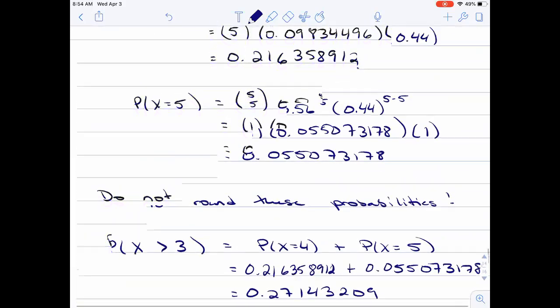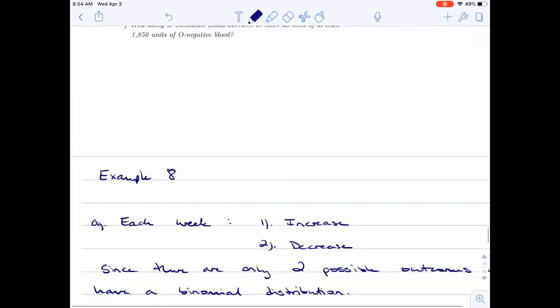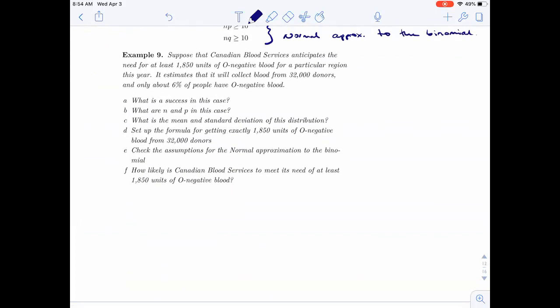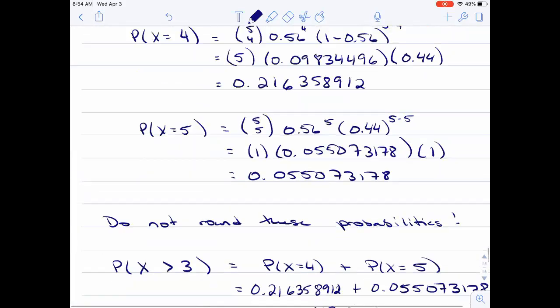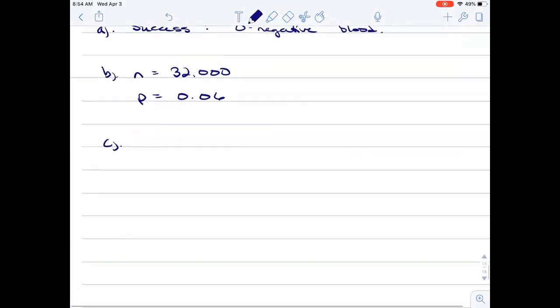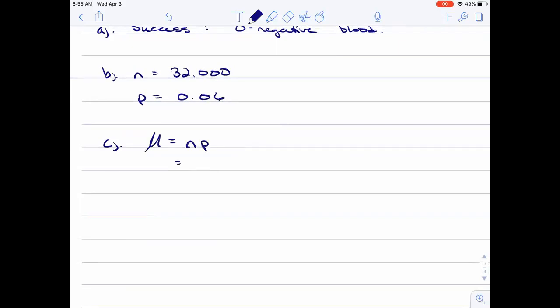Part C. What is the mean and the standard deviation of this distribution? So the mean, mu, is NP, which is 32,000 times 0.06, which is 1,920.